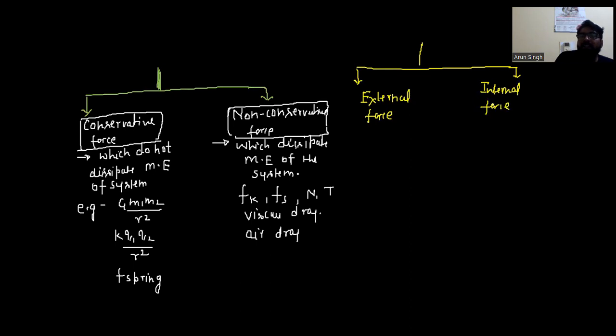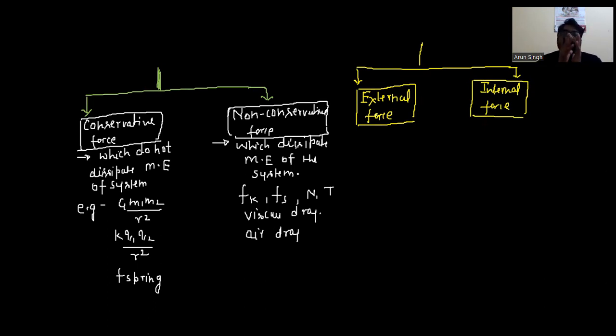How can you decide internal or external? First of all, if any system, if two particles are the system of any type, you can decide whether this is a part of the system or not a part of the system, because this is based on our selection.